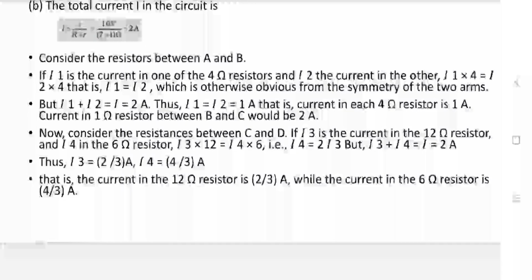Two equations, two variables. By solving this we have I3 equal to 2 by 3 ampere and I4 equal to 4 by 3 ampere. So from the 12 ohm resistor 2 by 3 ampere current is flowing, and from the 6 ohm resistor 4 by 3 ampere current is flowing.